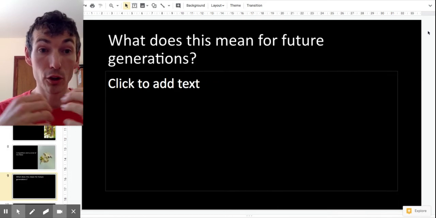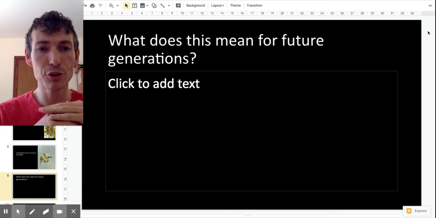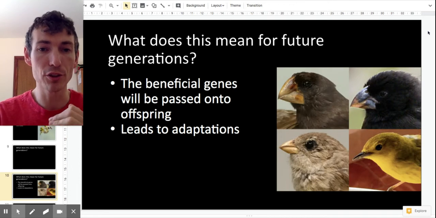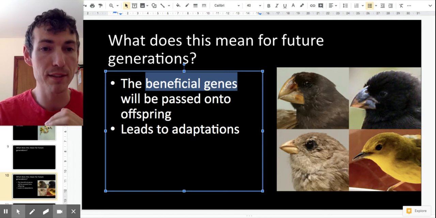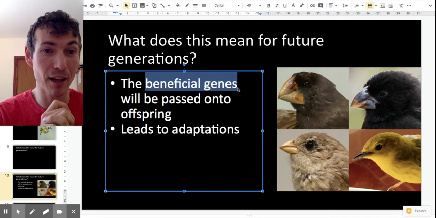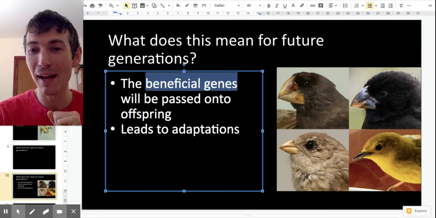Now, not all of these are going to survive, but the ones that do survive, that do get enough food, those ones are better suited to their environment. This means that the beneficial genes, the ones that are best suited to their environment, will move on, and those organisms are more likely to have offspring and have more babies and pass on those genes.